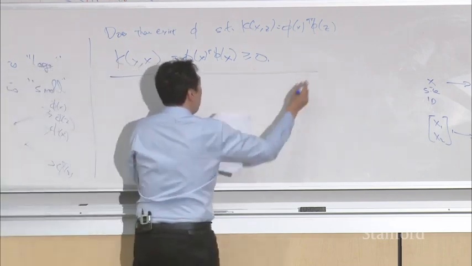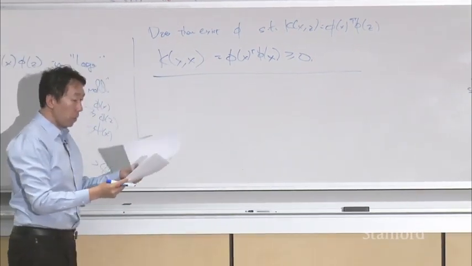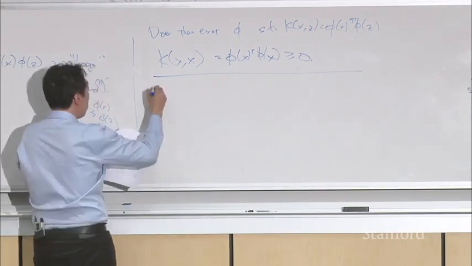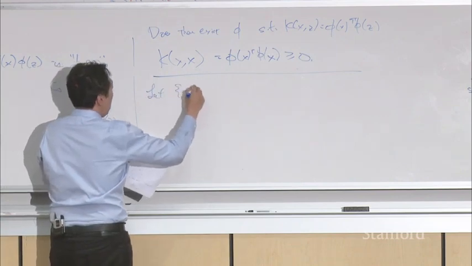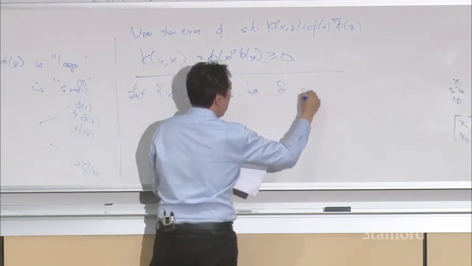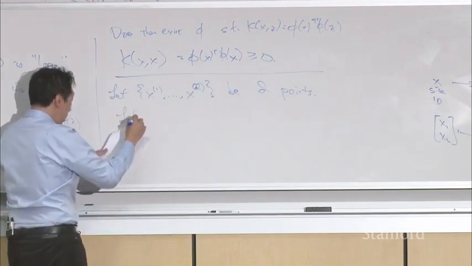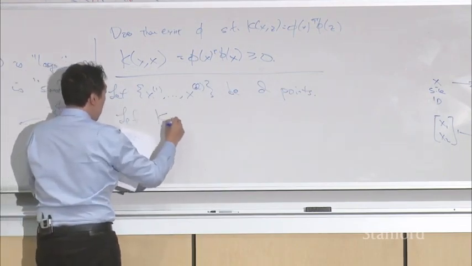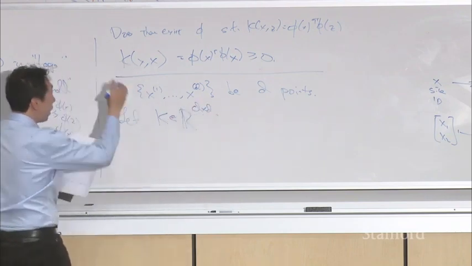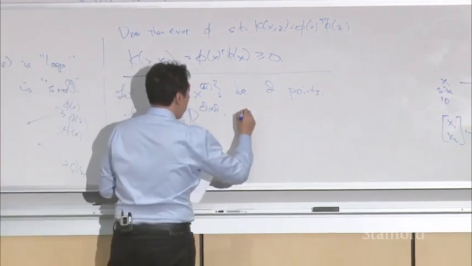Okay? More generally, there's a theorem that proves when something is a valid kernel. So let me outline that proof very briefly. Let x1 up to xd be any d points, and let k, sorry about the overloading of notation, k represents a kernel function, and I'm going to use k to represent a kernel matrix as well.